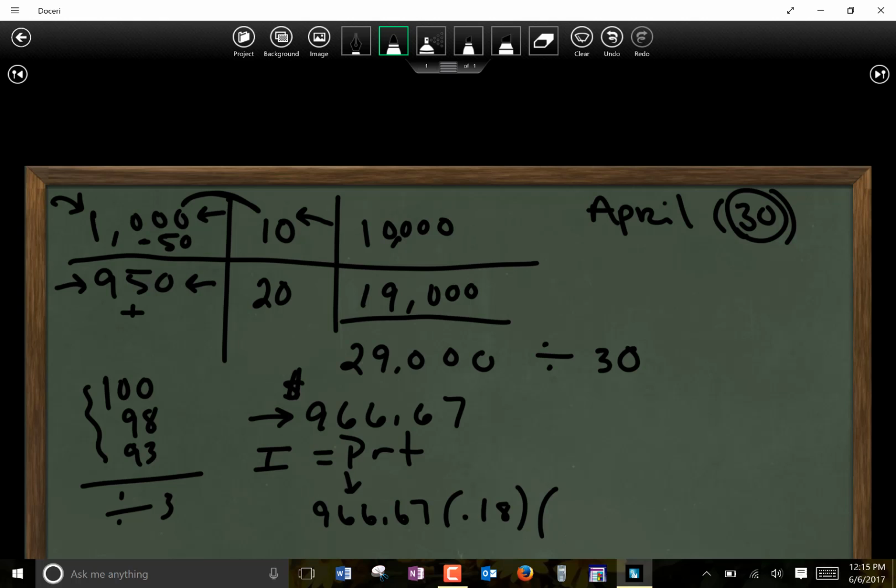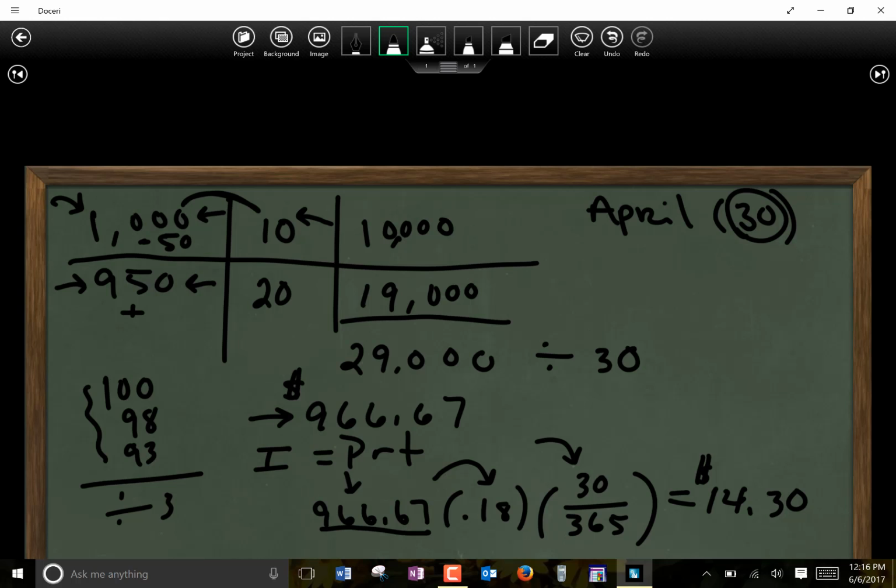And the way your book does this, and there are different ways to do it, is it takes the time and it says, okay, since April has 30 days in it and a year has 365, we're looking at this as 30 out of those 365. And I just take my calculator and I punch in 966.67 times 0.18 times 30 over 365, and I get $14.30.